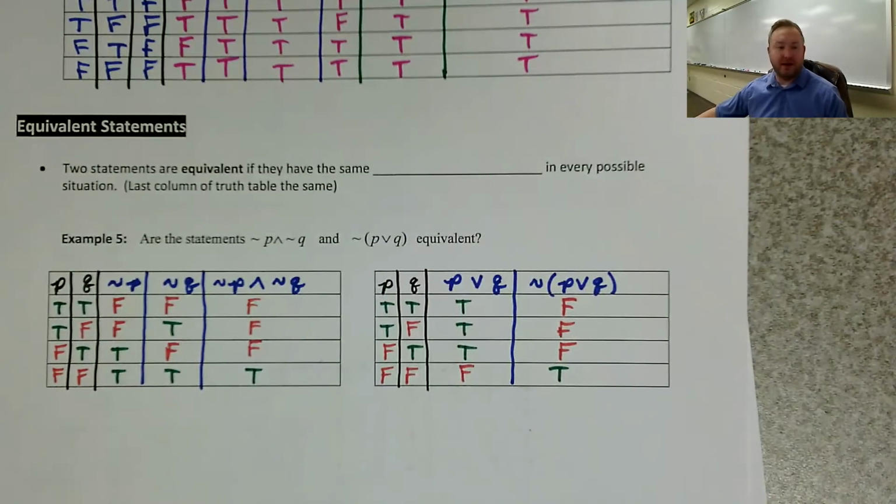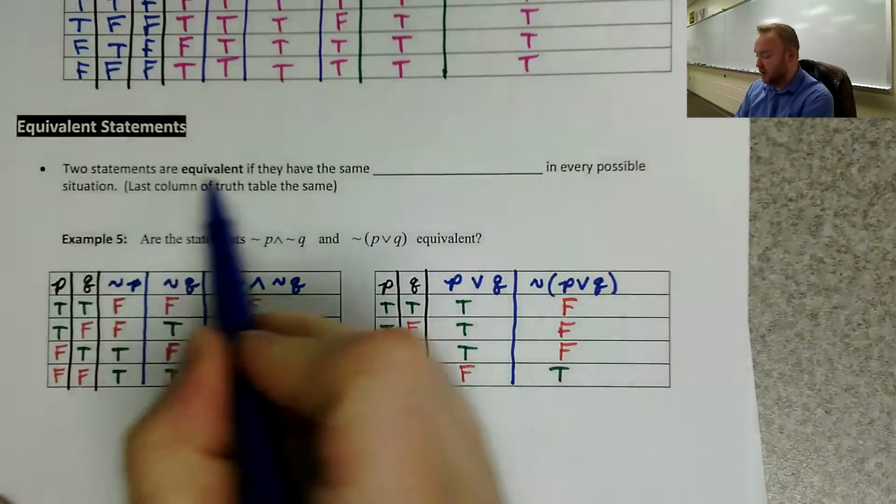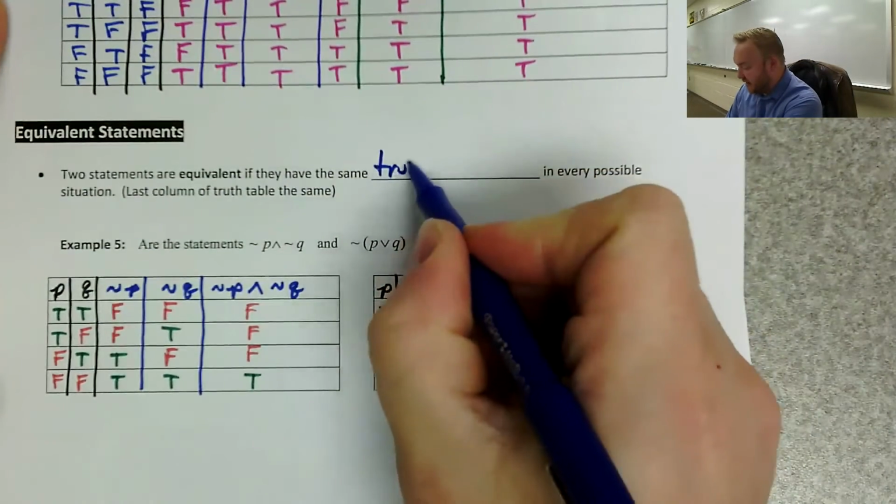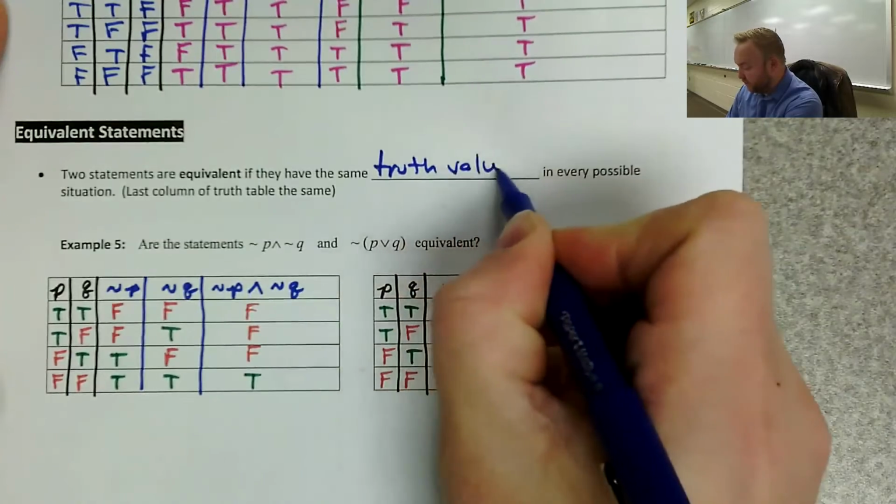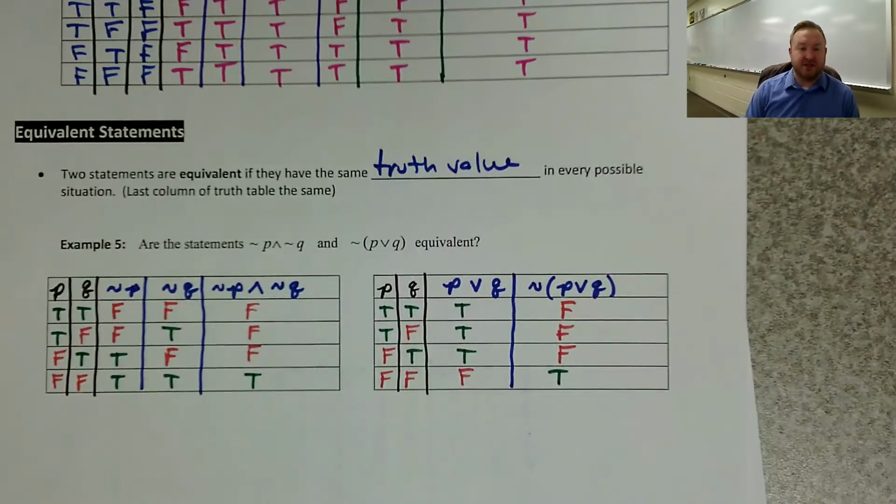And that's what we mean by statements that are equivalent. Statements that are equivalent will always, whenever one's true, the other one has to be true. Whenever one's false, the other one has to be false. That makes them equivalent. So 2 statements are equivalent if they have the same truth value in every possible situation.